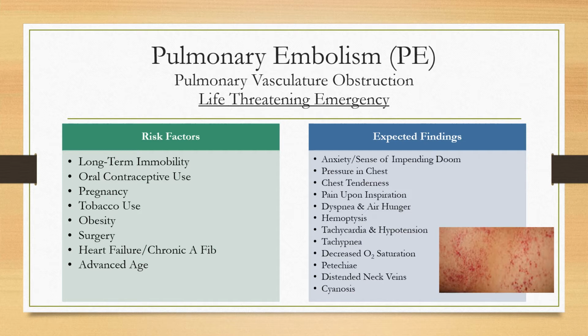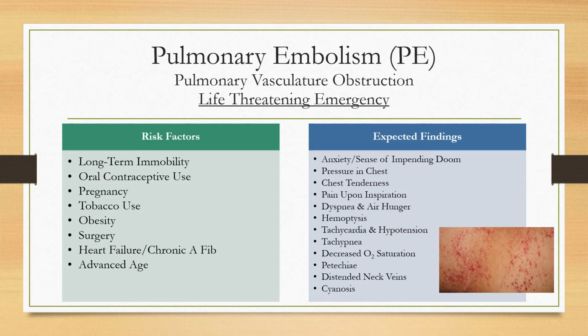I take a big breath and it hurts, okay? And there it is, pain on inspiration. Okay, pleuritic chest pain. Dyspnea and air hunger, that's just shortness of breath. Some people with PEs can cough up blood, right? They've blocked an artery in the lung, and some of the lung tissue after the artery is dying. So they're coughing up some blood.